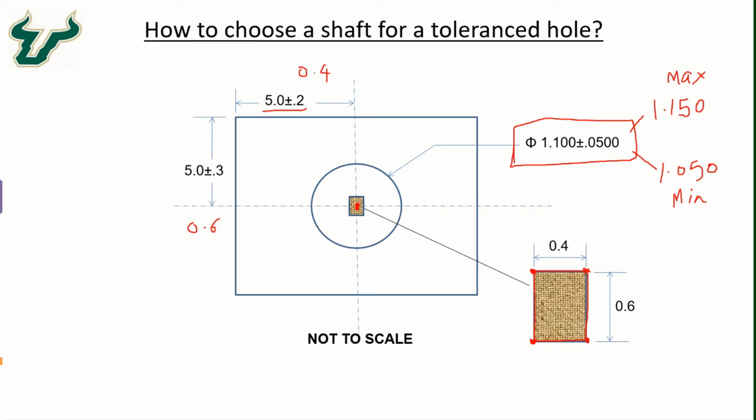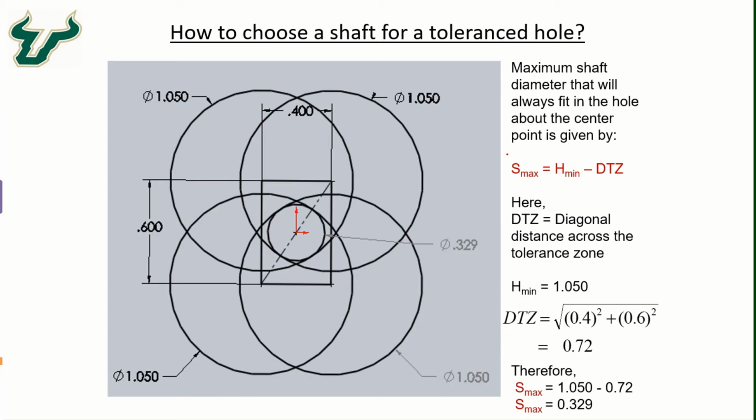So we need to consider that and do the calculations for finding out the maximum possible value of the shaft that can be created. So the equation for this is shaft max equals hole min minus the DTZ. DTZ is the diagonal distance across the tolerance zone.